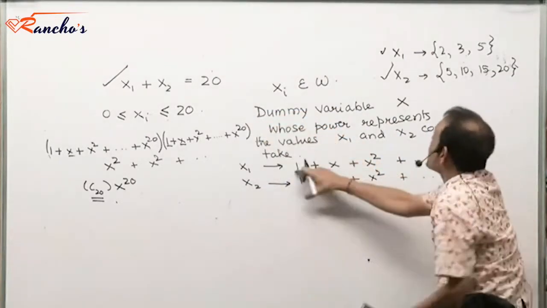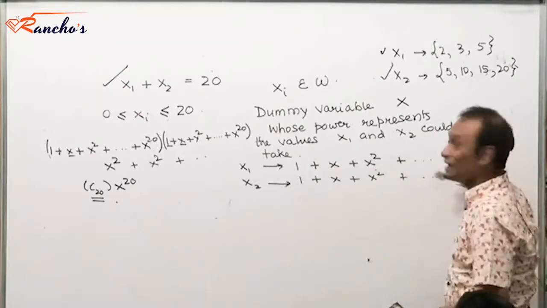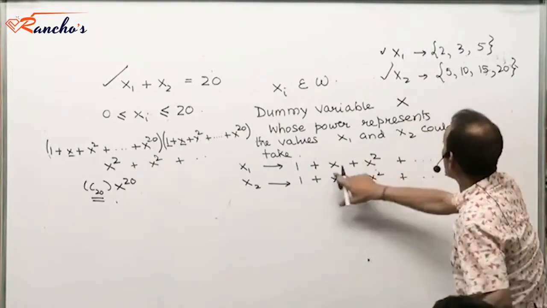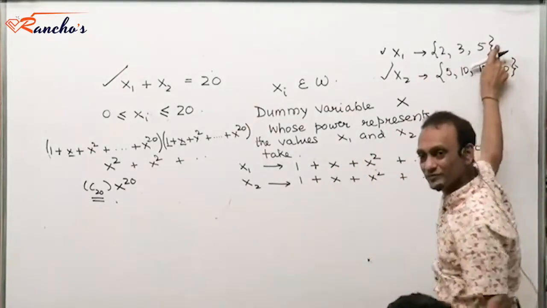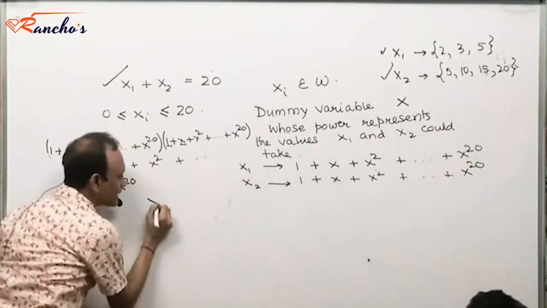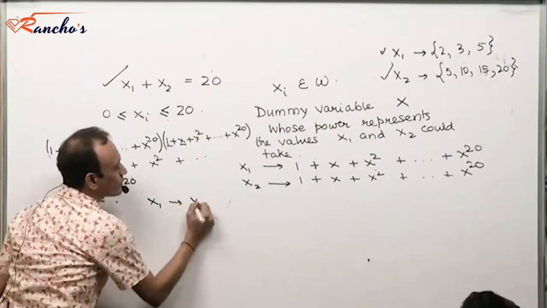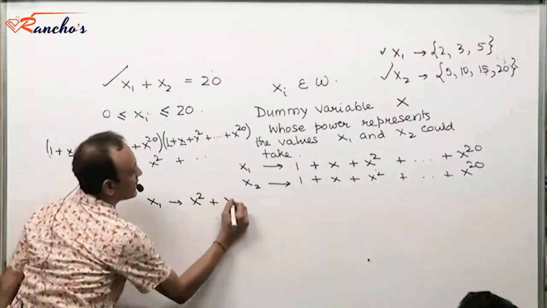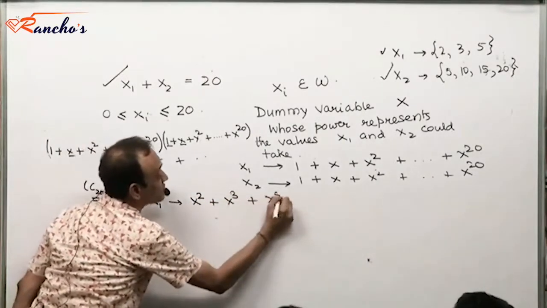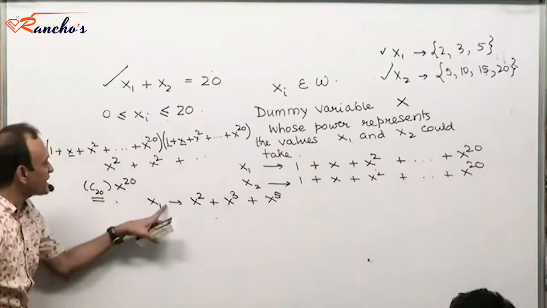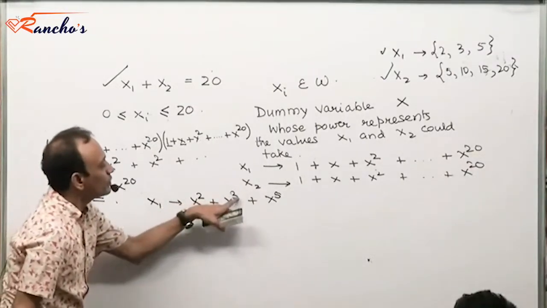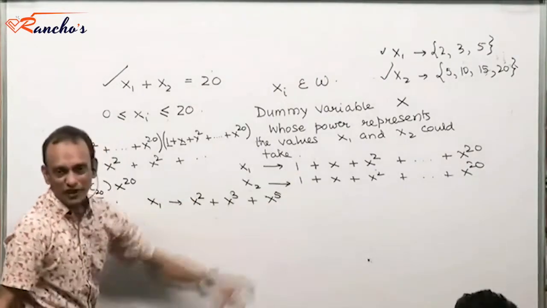So it's about just constructing your polynomial effectively. The powers of the polynomial for x1 would be 2, 3 and 5, right? So for x1, I'll construct a polynomial which is x squared plus x cubed plus x power 5, so that in any solution, x1 cannot assume values other than 2, 3, 5.